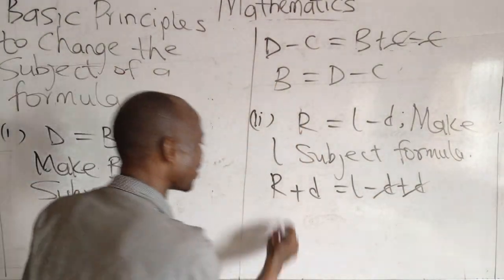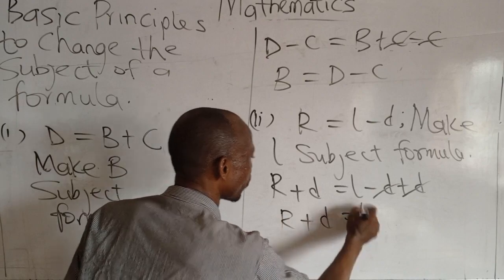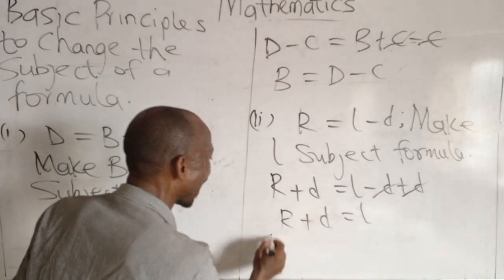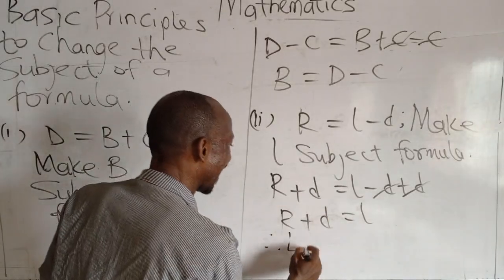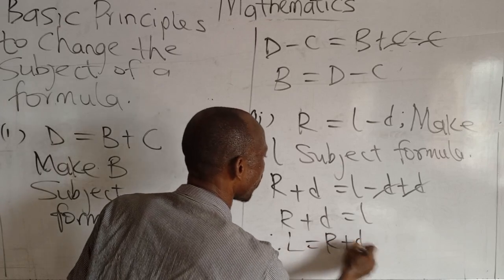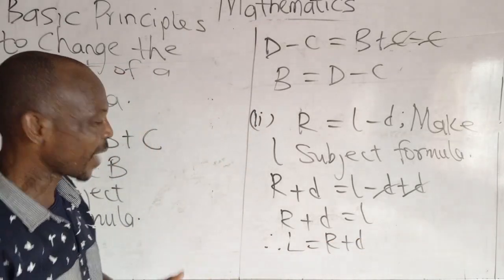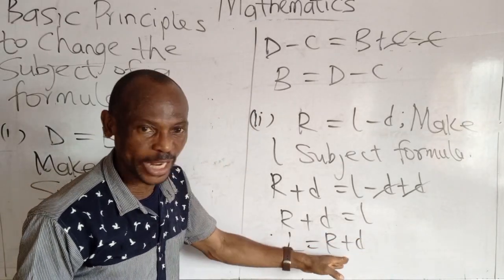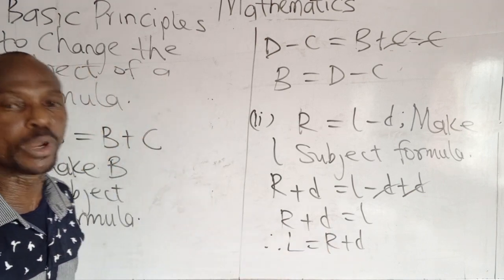So what do we have left? R plus D is equal to L. So our subject L is equal to R plus D. So we have made L the subject of the formula.